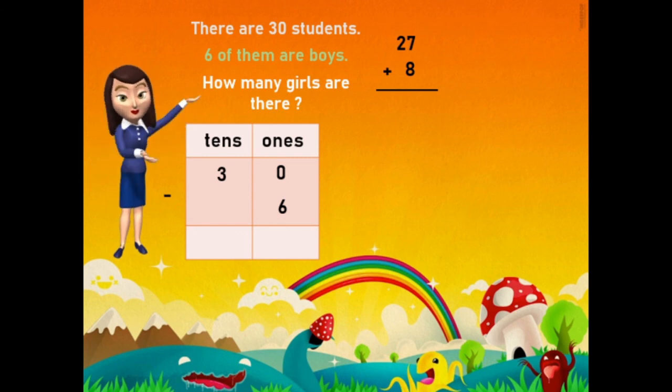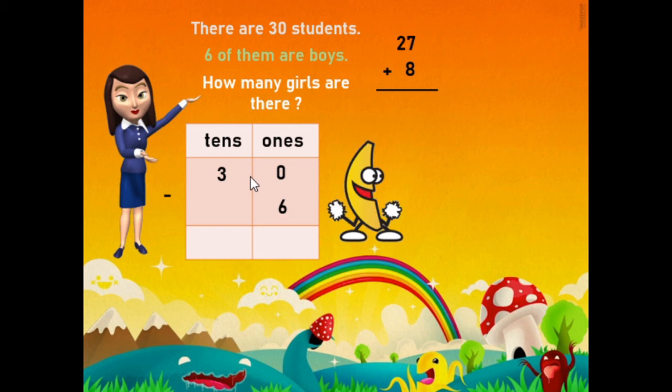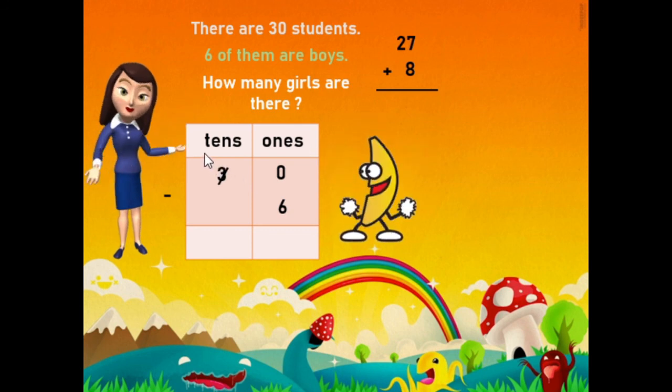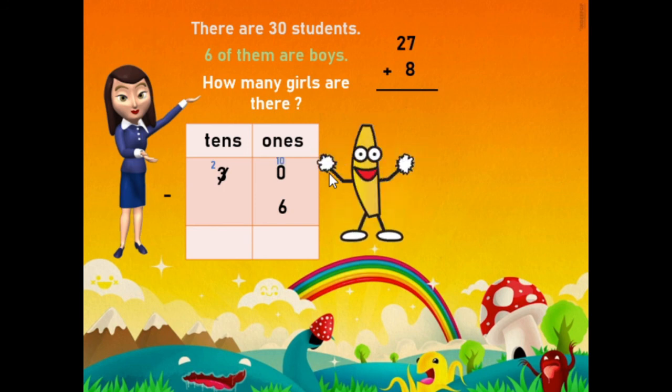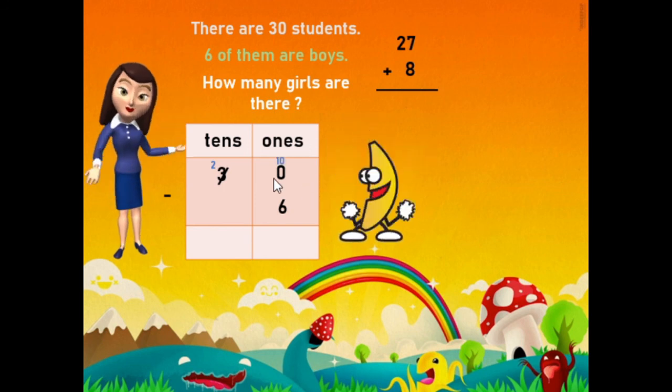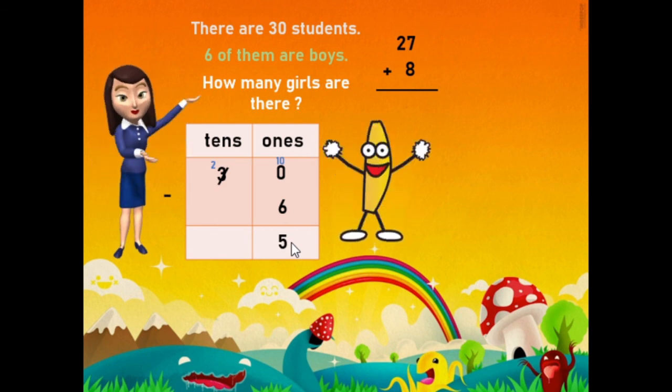So what we are going to do is borrow 1 from 3. And so now 3 becomes 2 and 0 becomes 10. 10 minus 6 equals 4.